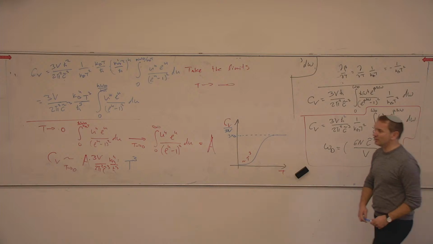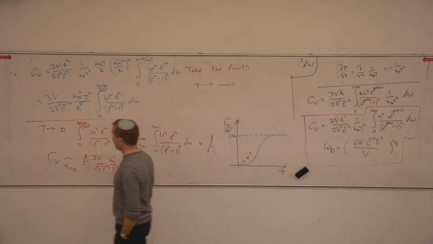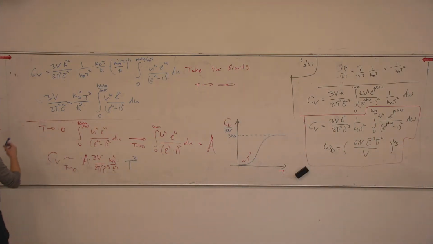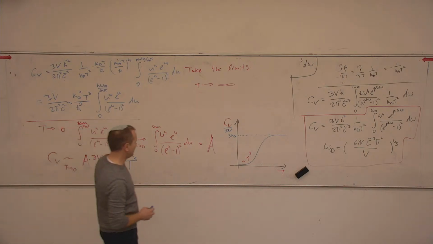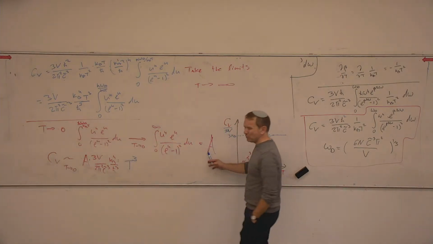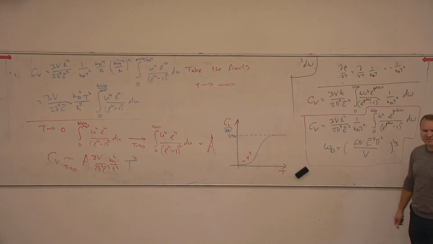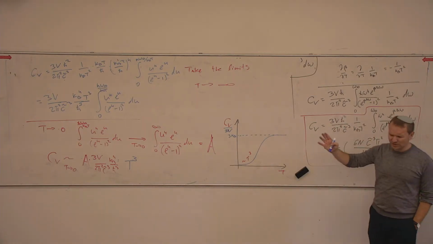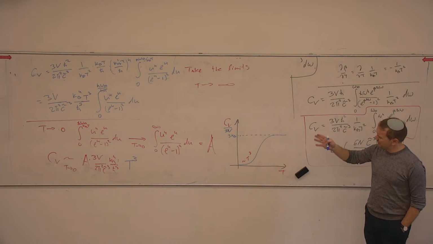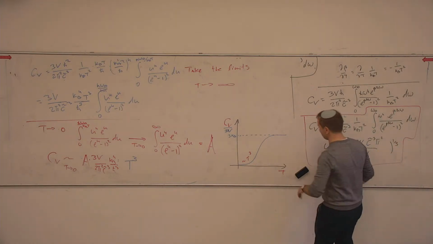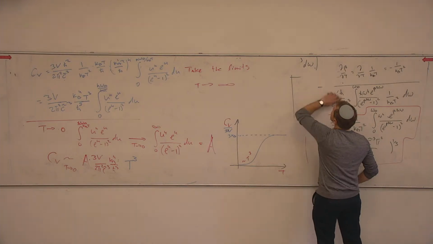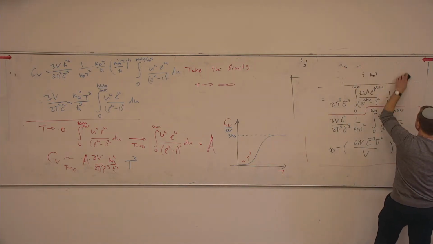What about the other limit? What happens when T goes to infinity? If you really want, I would calculate this number a. It's related to the Riemann zeta function, and it's eventually 4 divided by 15 pi squared. It doesn't really matter, but it's a number. What about the other limit?